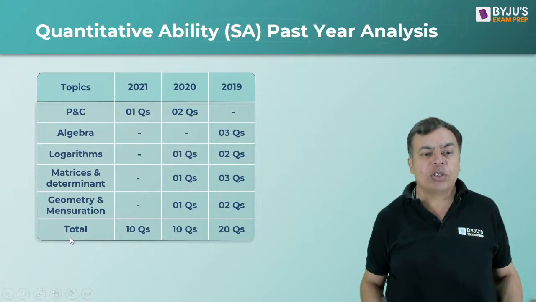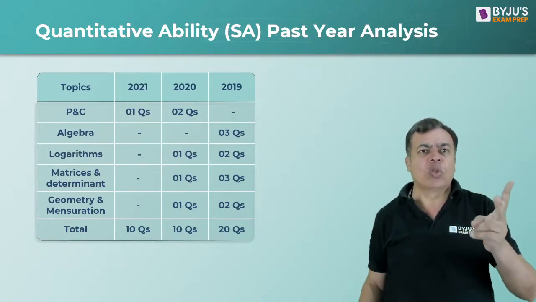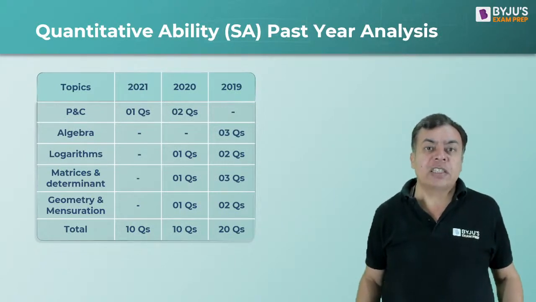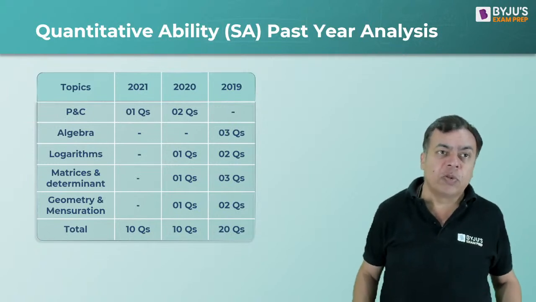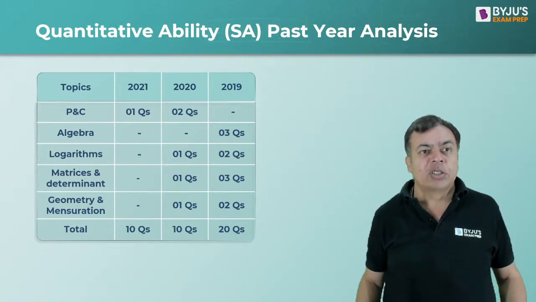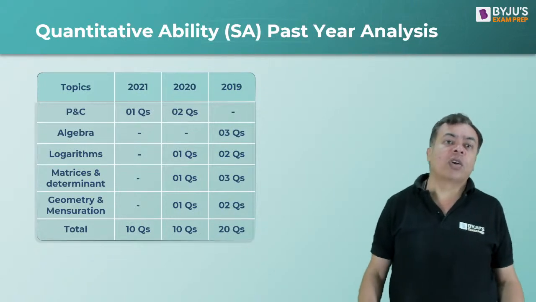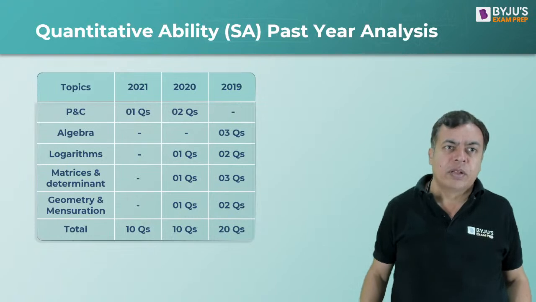Out of those 10 questions, on arithmetic and average there are a total of two questions plus one question on numbers. So there are three questions, and the rest 7 questions are from algebra, PNC, sequence and series, functions, and coordinate geometry. So you can think that this was hardcore mathematics. If you are not good at mathematics, then this will be a problem area for you.